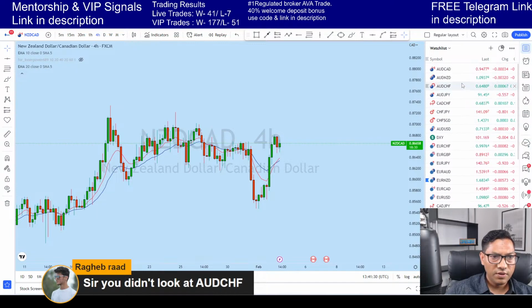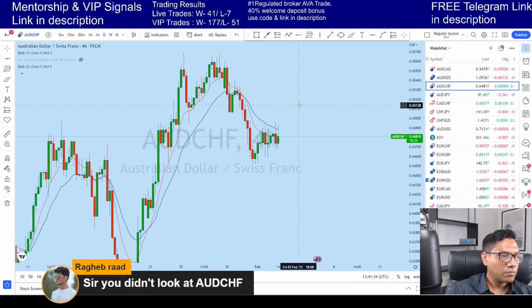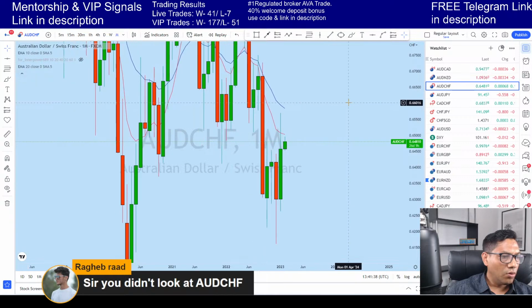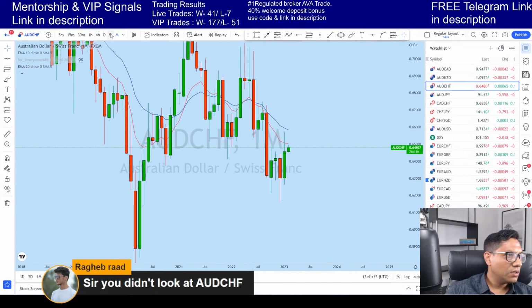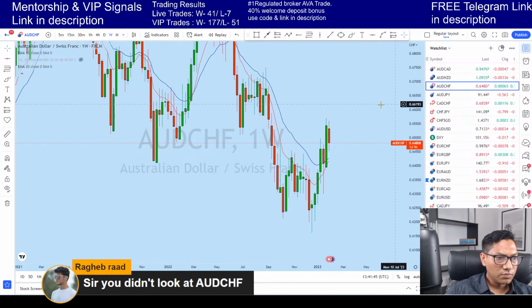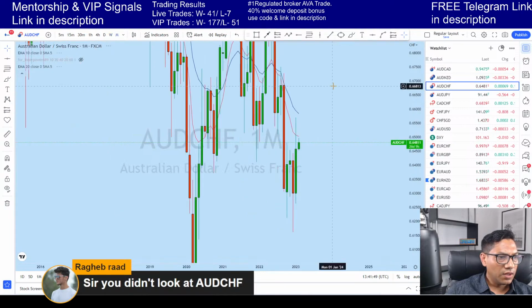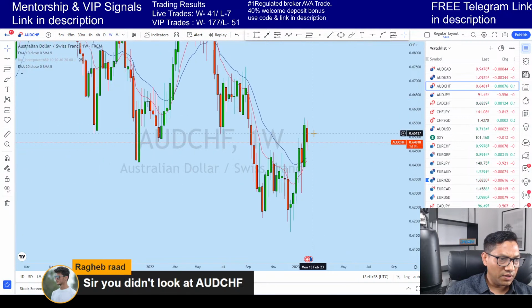AUD CHF. Okay, looking at AUD CHF, first of all from the monthly perspective, this is the monthly price action. After this monthly close, the price initially has gone up. Looking at the weekly, we see that AUD CHF has a kind of bearish movement.